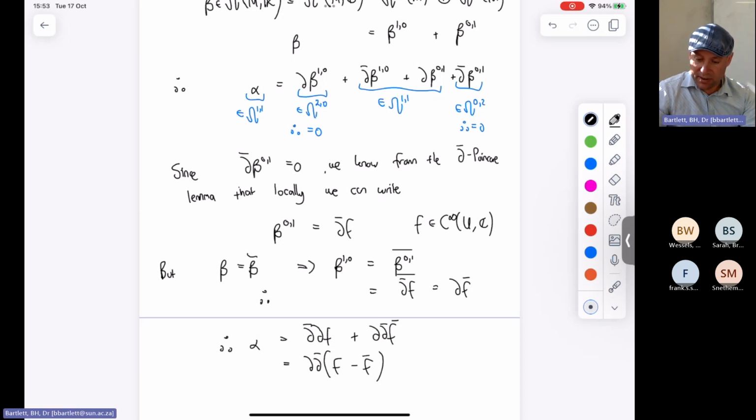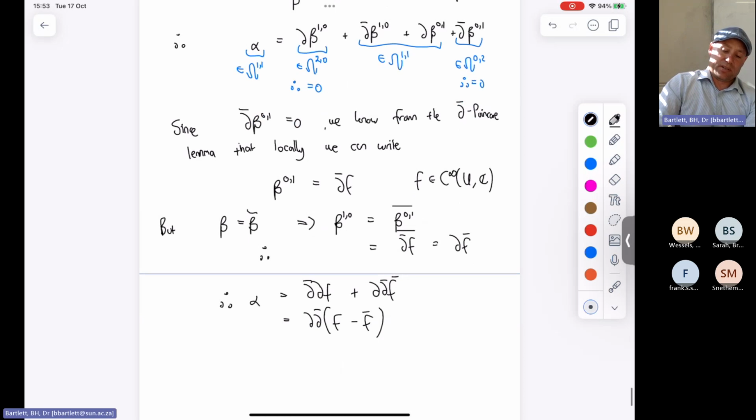Because I am taking this part here, yeah, I think that's correct. So in other words, I can write that as f minus f bar. f is just some arbitrary complex valued smooth function, so I can talk about its imaginary part.